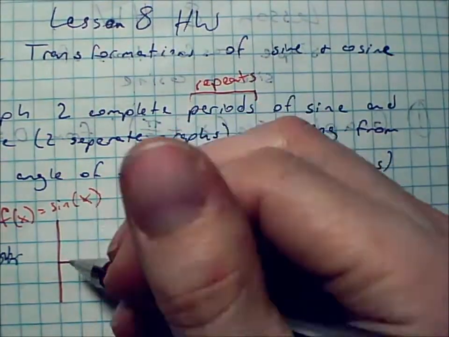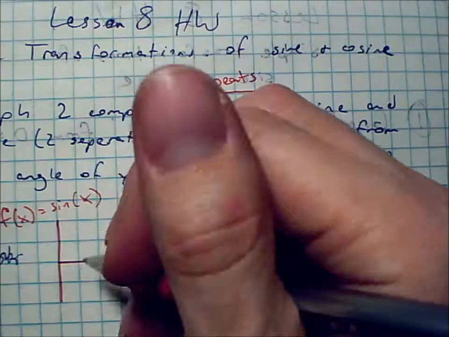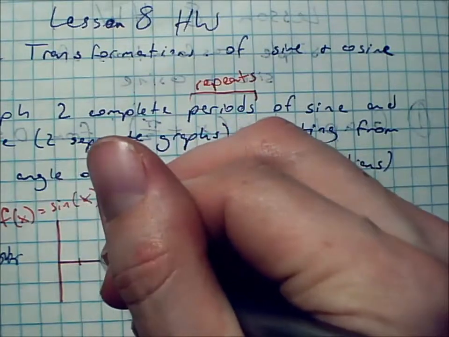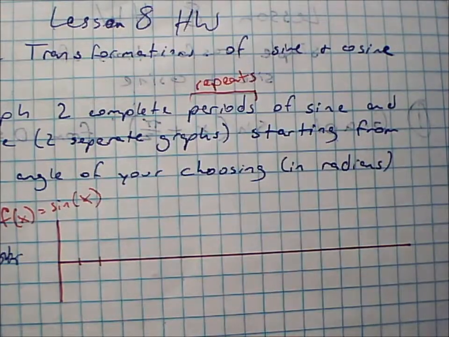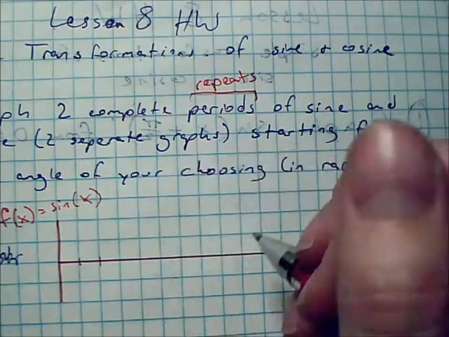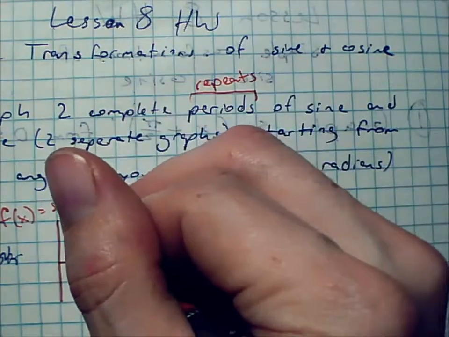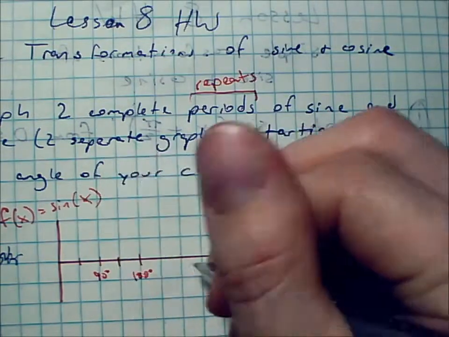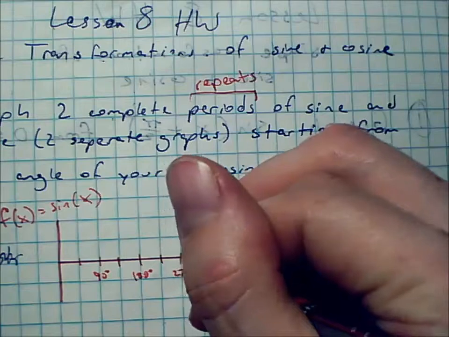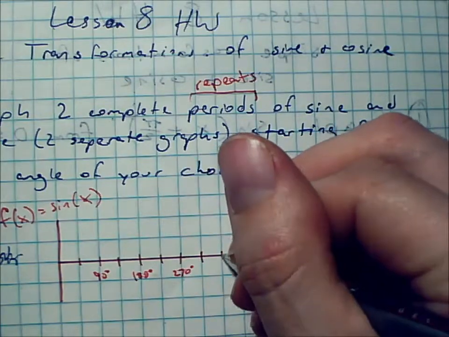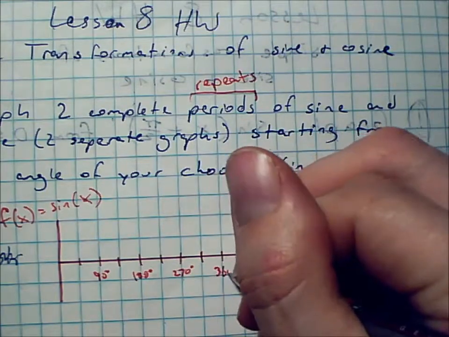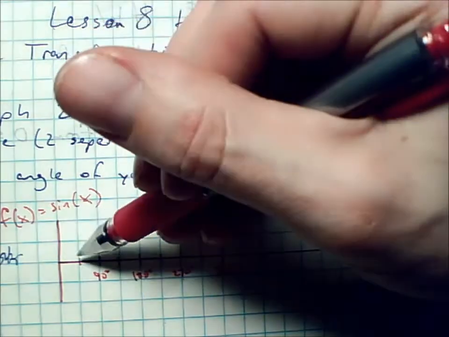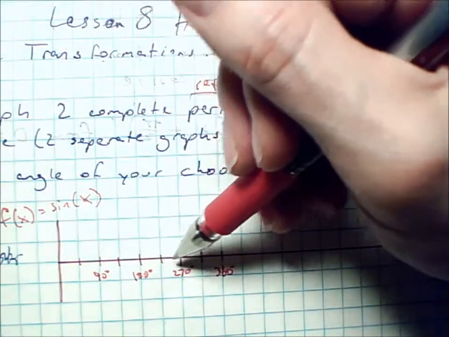So, here would be 0, and then I'm going to count by fourths of pi. Actually, I'll just count by degrees. Why not? So there's 90 degrees, 180 degrees, 270 degrees, 360. So I'm setting this up so that each dash is 45 degrees.